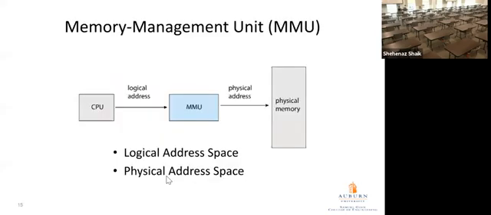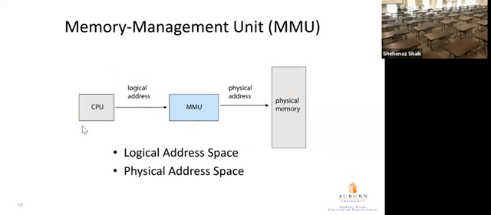As I said, if we are performing the binding at runtime, it is again the job of the memory management unit to convert the given logical address to the physical address.